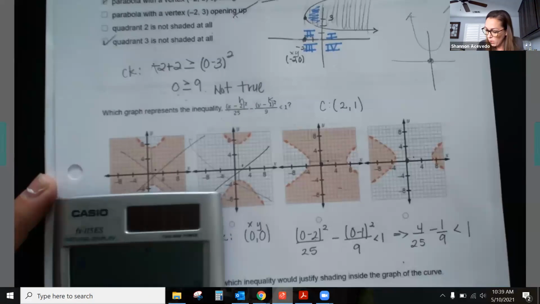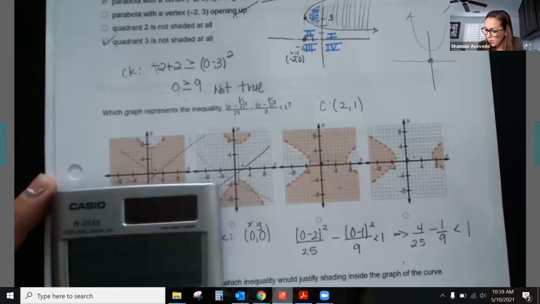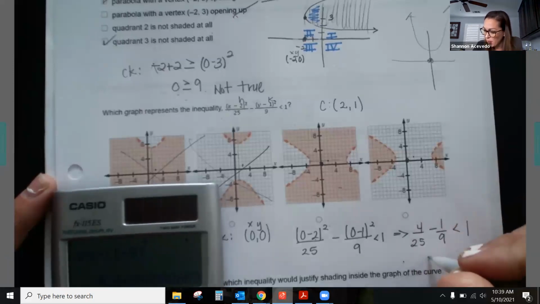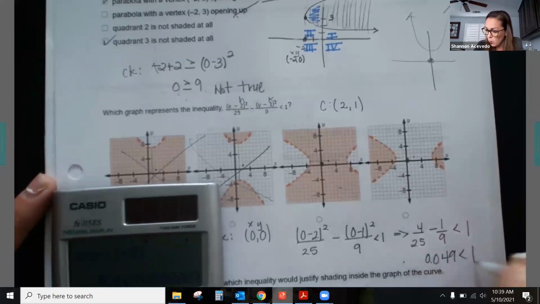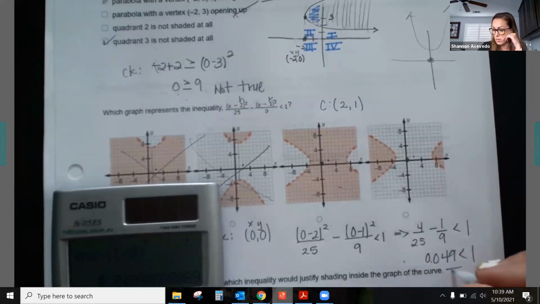So I have 4/25ths minus my 1/9, and I have 0.049 is less than 1. Is that true? Yes.